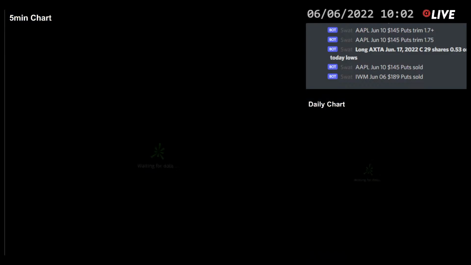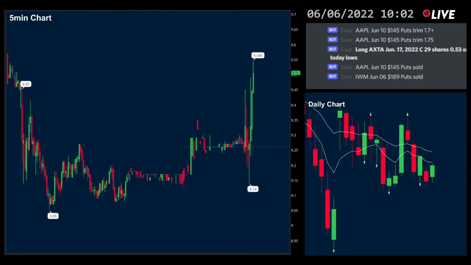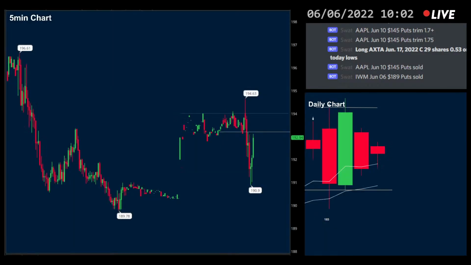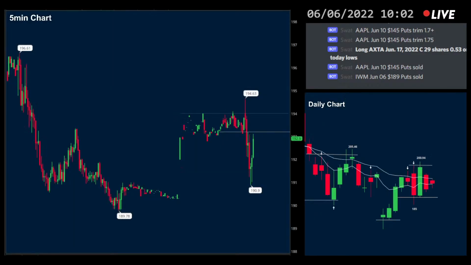Wood, new highs on the day, following our calls. Facebook bouncing now.